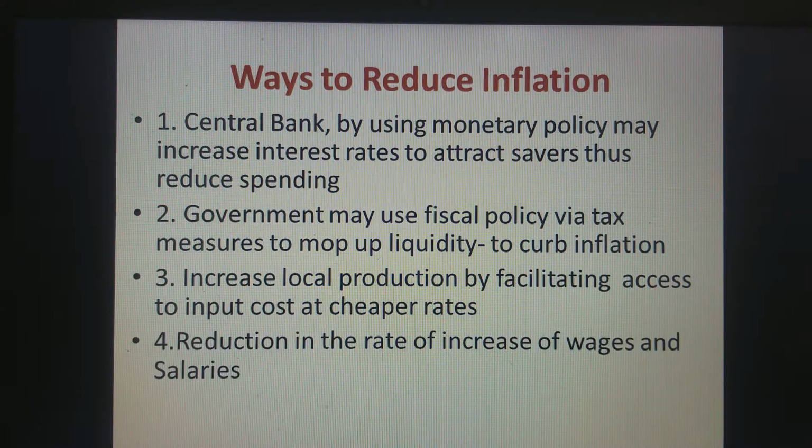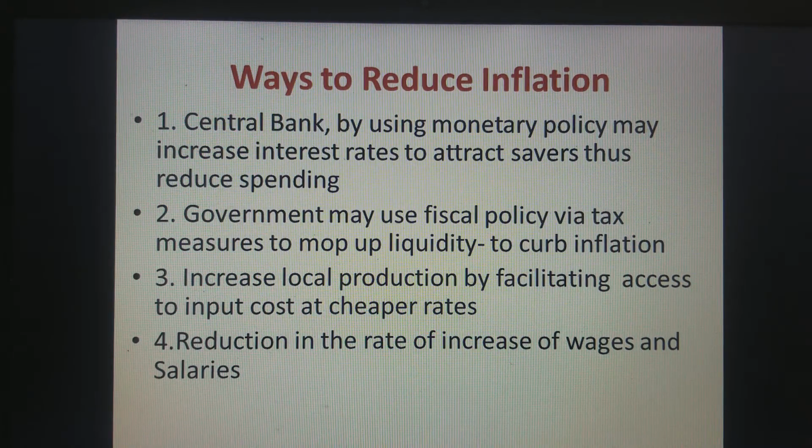All right, so next is referred to as a reduction in the rate of increase of wages and salaries. If wages and salaries continue to go up, that is cost push inflation. Once wages go up, the cost of production will go up.